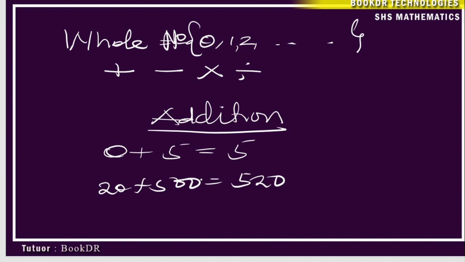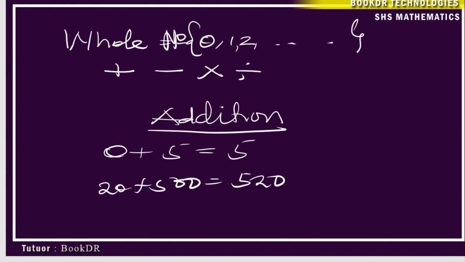It's a whole number. Any pair of whole numbers that are added, the result will be a whole number. And as such, we can conclude that addition is closed under the set of whole numbers.